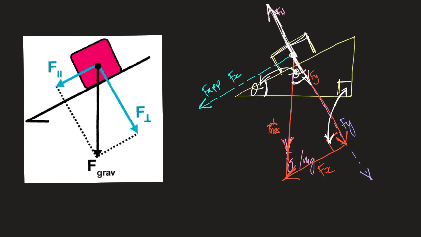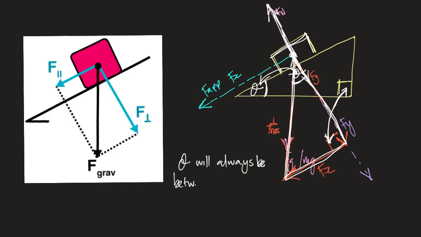So look, each vector follows the next vector, and I've got myself a bit of a closed triangle, right? Your angle is always going to be, so theta will always be between F res and MG perpendicular. So here, right?